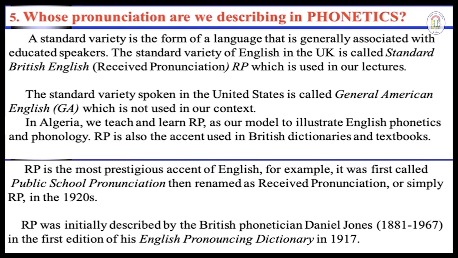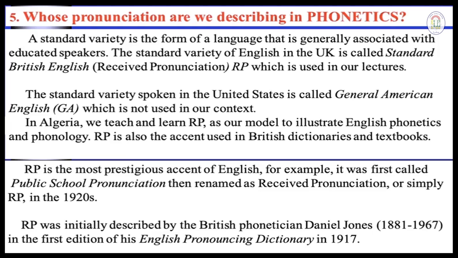RP is also the accent used in British dictionaries and textbooks. RP is the most prestigious accent of English. For example, it was first called Public School Pronunciation, then renamed as Received Pronunciation, or simply RP in the 1920s.